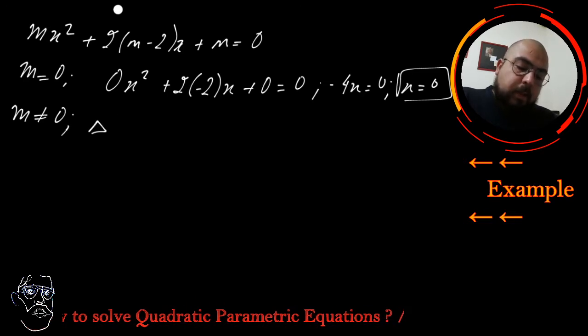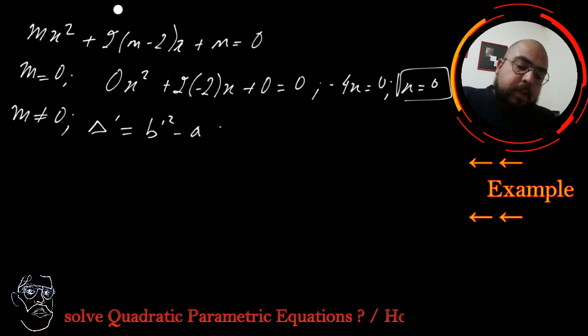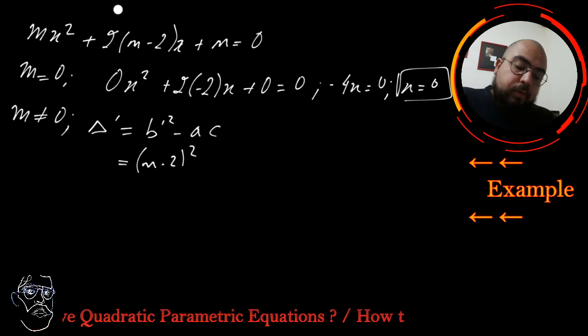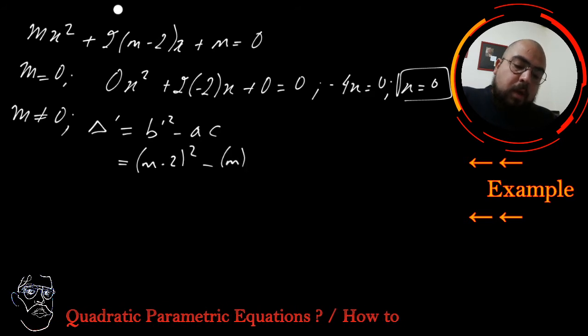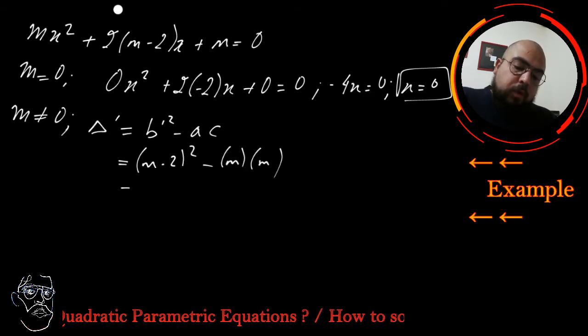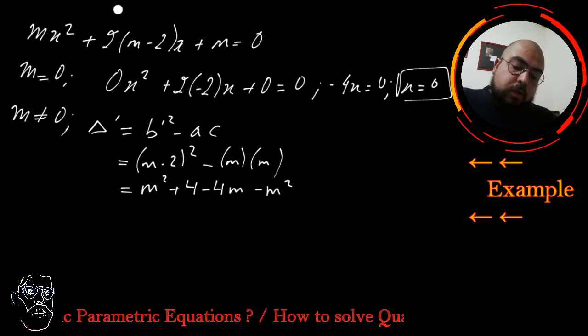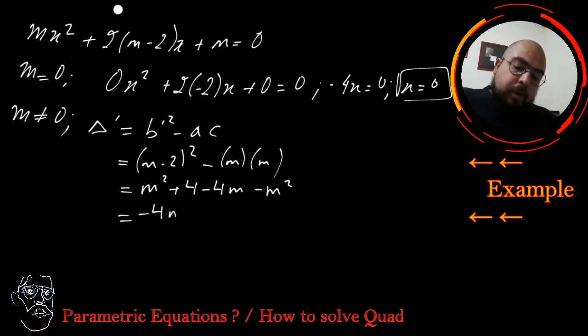In this case, again, I'm going to talk about delta prime, which is equal to b prime squared minus ac. B prime is m minus 2 to the power of 2, a is m, c is m, so it will be equal to m squared plus 4 minus 4m minus m squared, so it's equal to minus 4m plus 4.